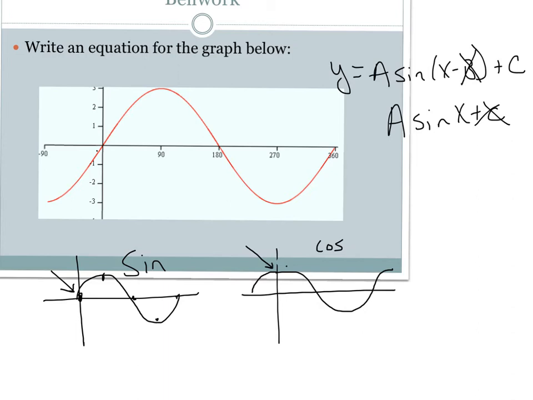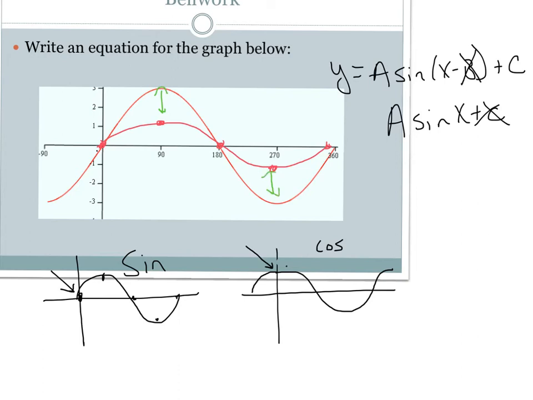Now I'm looking at our other piece right here, and I see that sine typically would look like this. If I draw these dots in here, there's no shift left, no shift right, no reflection. But the one thing that did happen is it looks like we got a stretch from the original graph.